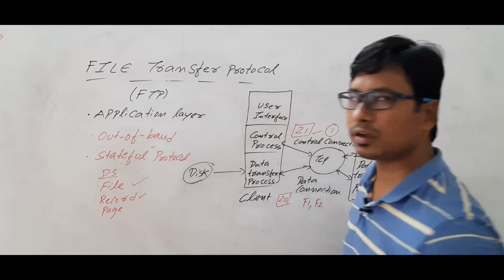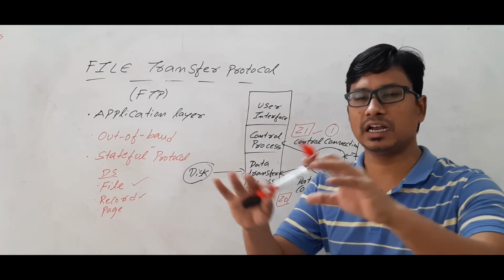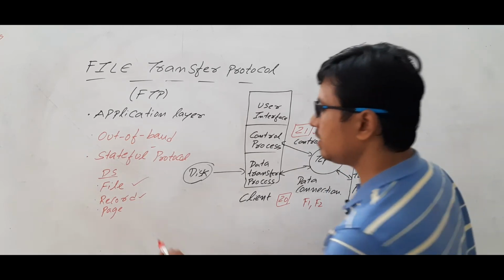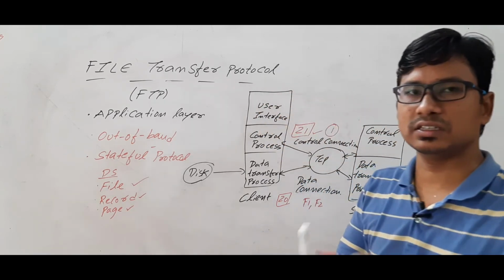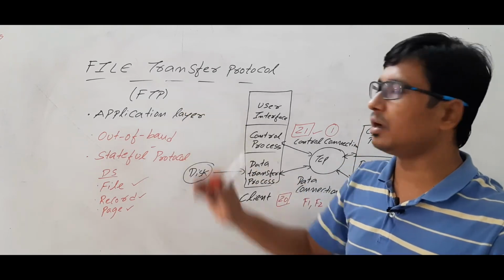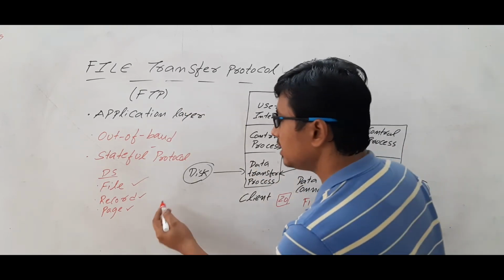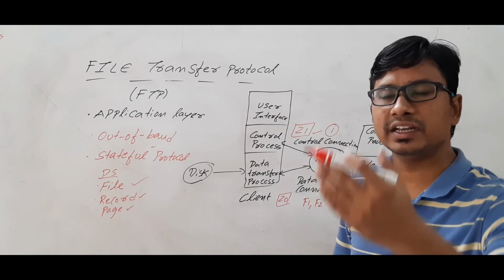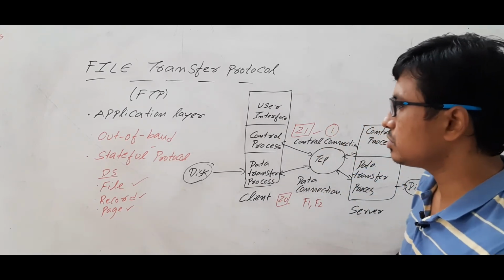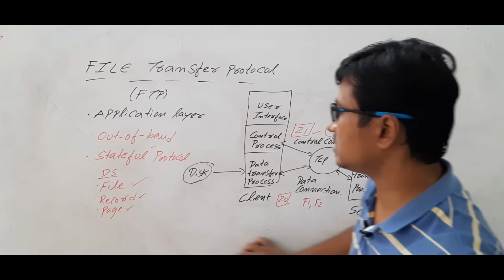When it comes to the record, each file is maintained as a collection of records, and the records are transferred. And for the page data structure, these are not the standard, I am telling it as an example for the FTP protocol, each file is maintained as a collection of pages and transferred. So these are the data structures.